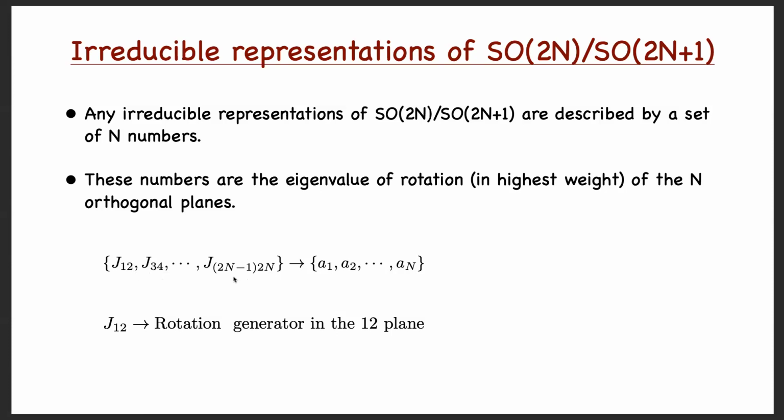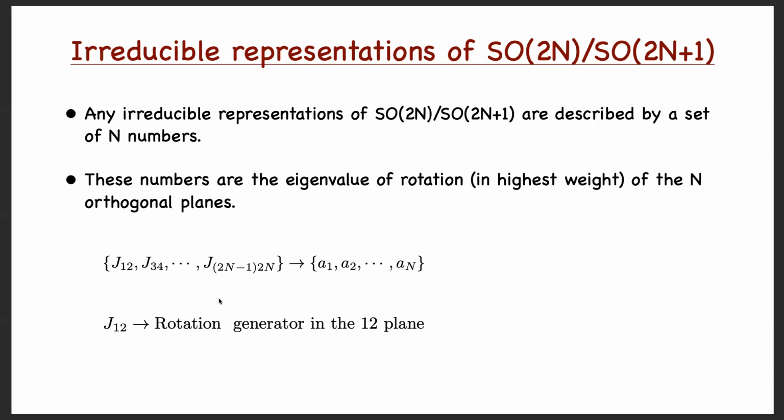So basically, let's say for SO(2n+1), I have this rotation generator with J1 to J3, and we just represent the particles by the quantum numbers of these. So I think we can work with this notation, but this notation is complicated.